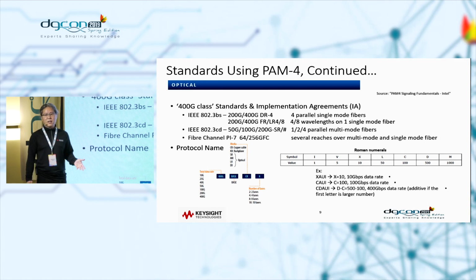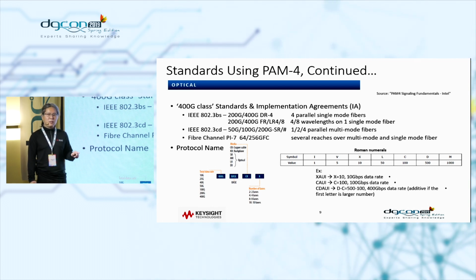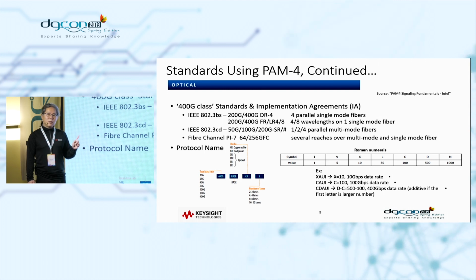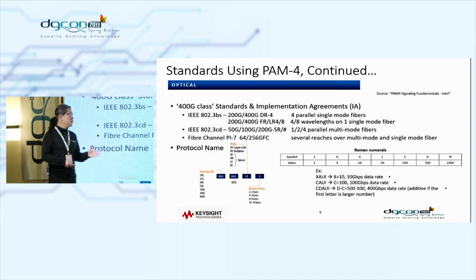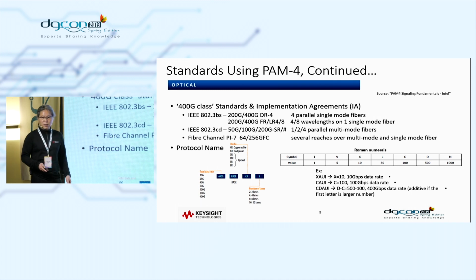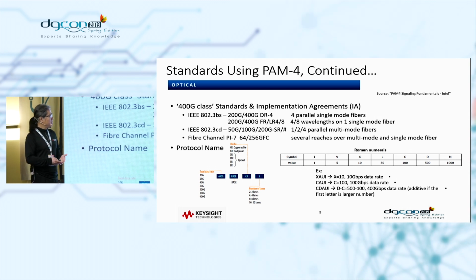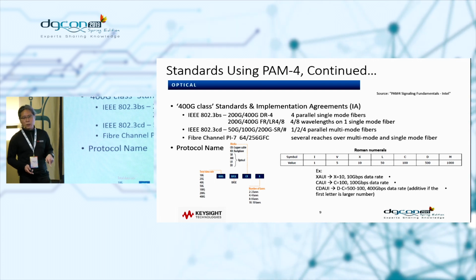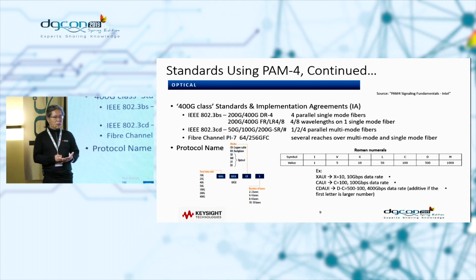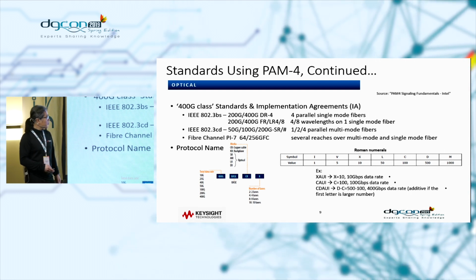But somebody says CDAUI, that means C and D. We put the D first, 500, and C minus, that means 500 minus 100, which is basically defining the 400 gigabit system. So this is the kind of way we can understand those standards defined for the Ethernet applications. So again, CDAUI means 500 minus 100, that's basically a 400 gigabit system.